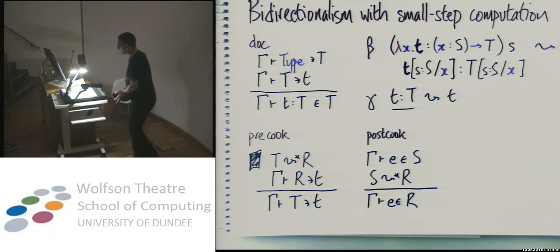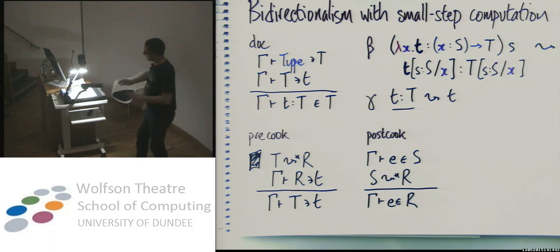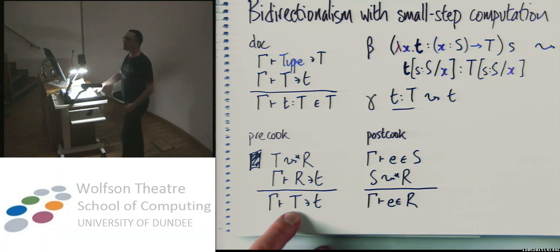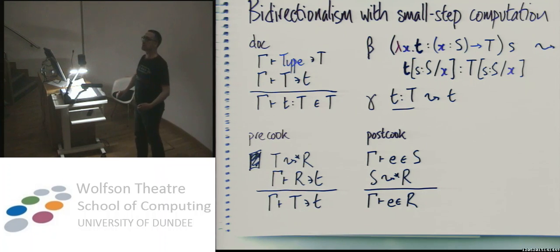Okay? And then all we need to do to recover type theory as we know it in this bidirectional situation is to say that when we're checking a type, we are allowed to do a little bit of computation first. That's to say, if we've got a type we're trying to check, and it doesn't look like a pi type yet, for example, we can compute it a bit, and if we can get it to be a pi type, then we can carry on and check our lambda.